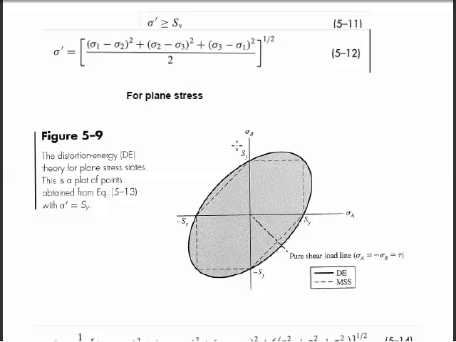It all boils down to blending the state of stress down to one number, denoted sigma prime, sometimes called the von Mises stress. If we have our full 3D principal stresses, we've done Mohr circle to the max, so we have sigma 1s, 2s, and 3s, this equation will give us our von Mises stress.